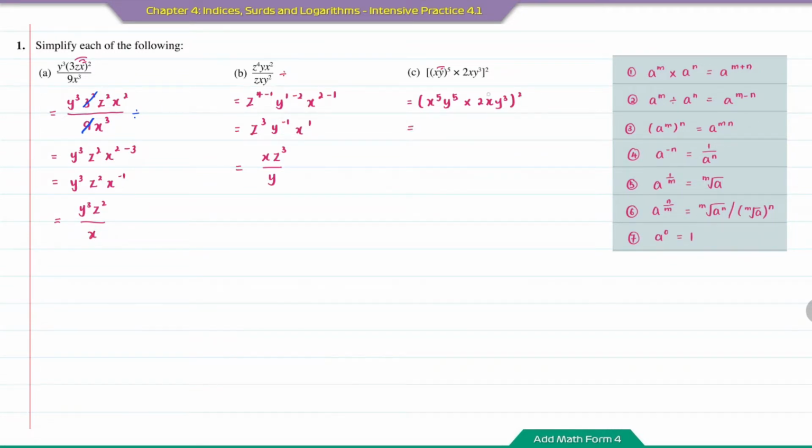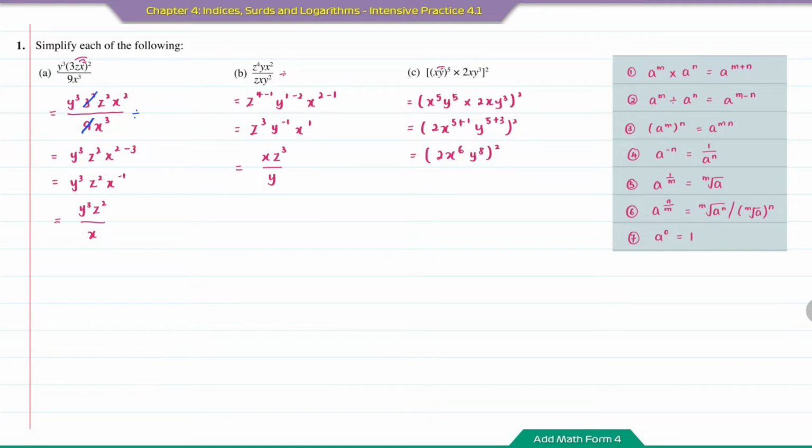For the terms inside the bracket, the numbers, after you multiply, you're going to have 2 times 1, which is 2. And for the x, we're going to add the power as this is a multiplication. So 5 plus 1. And for the y, it's going to be 5 plus 3. So you have 2x to the power of 6, y to the power of 8, bracket power of 2.